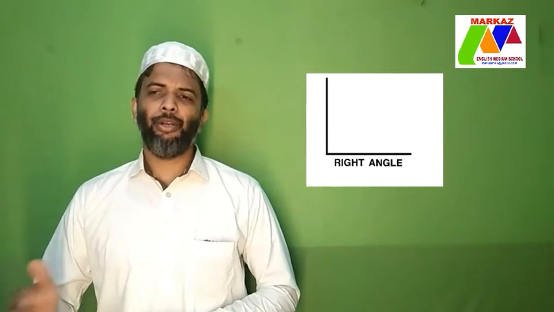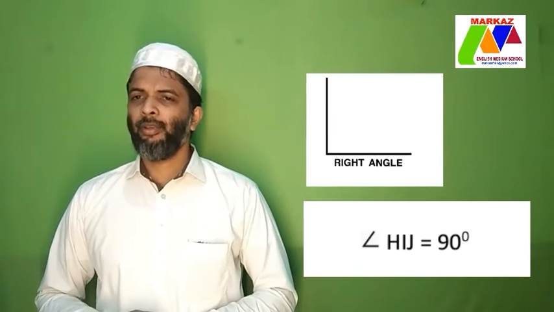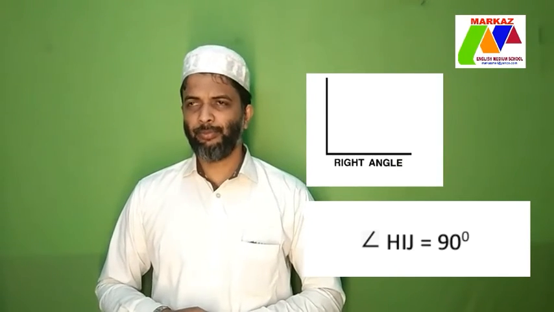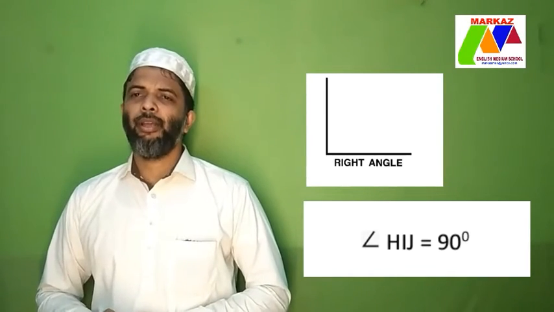Draw one right angle in your notebook. Angle HIJ is equal to 90 degrees. Pause the video and draw an angle of size 90 degrees. That is a right angle.